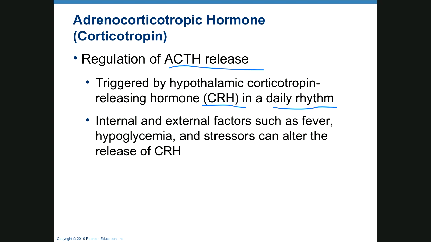External factors such as fever, hypoglycemia, and stress can alter the release of corticotropin releasing hormone, therefore causing more adrenocorticotropic hormone release, therefore causing cortisol to be released, which can raise your blood pressure, your blood sugar, and make you fat.